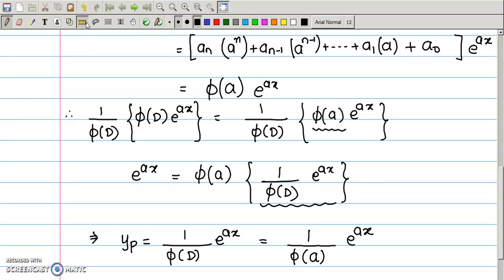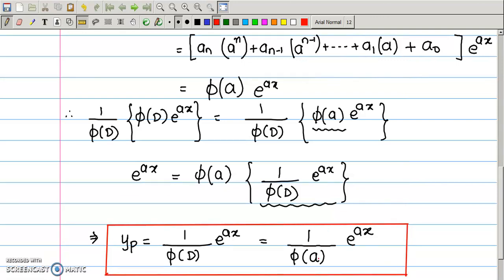To remember this particular integral formula, we can generalize. If phi of D is the auxiliary equation given, while calculating particular integral, we replace D from the auxiliary equation by a, where a is the coefficient of x in the exponential function. That's it.